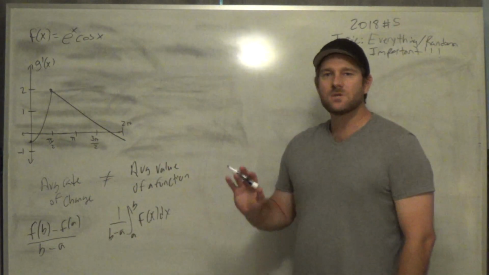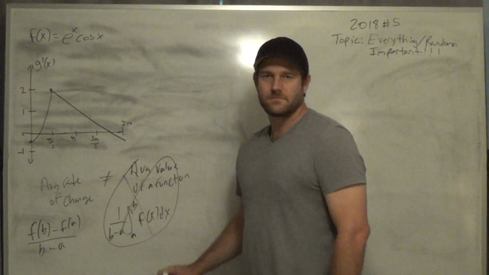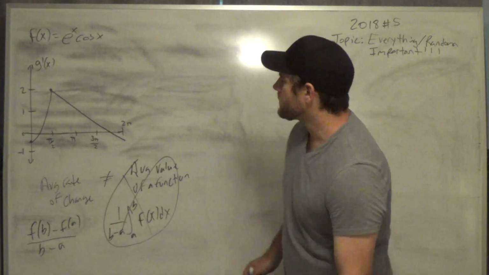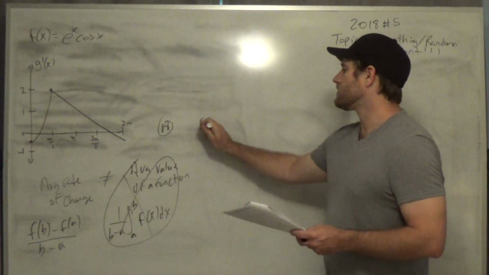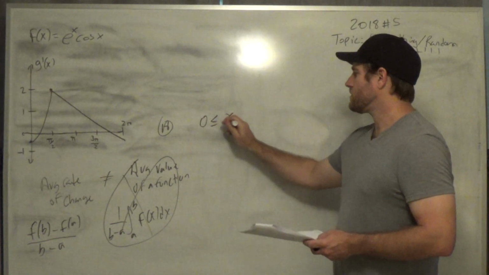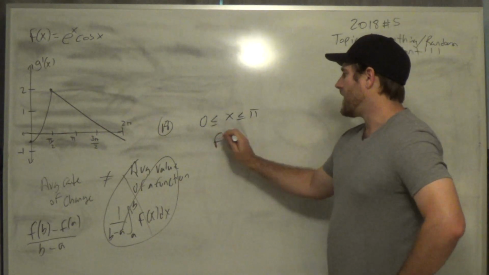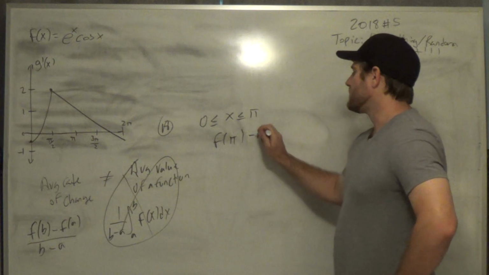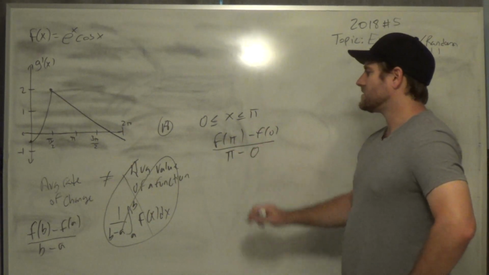The AP exam this year, with the coronavirus, this is not a topic. This is the only one you have to worry about, and that's what they're asking for here. So for part A, they want the average rate of change on the interval 0 to pi. Well, that means it's f of pi minus f of 0 over pi minus 0.